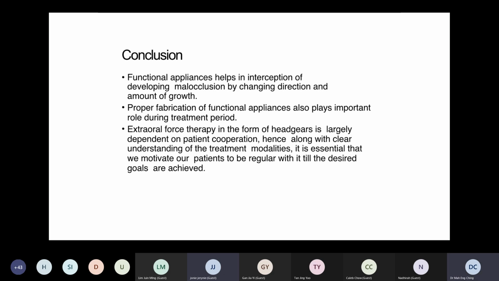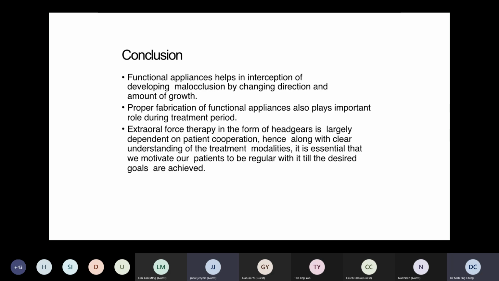We also have extraoral appliances or extraoral force therapy in the form of the headgear, which largely depends on patient cooperation or compliance. Hence, along with a clear understanding of the treatment modality, it is essential that we motivate our patients to be regular with it until the desired goals are achieved.